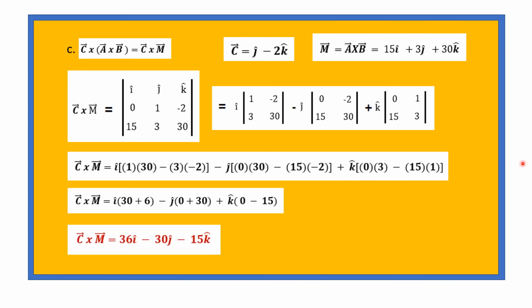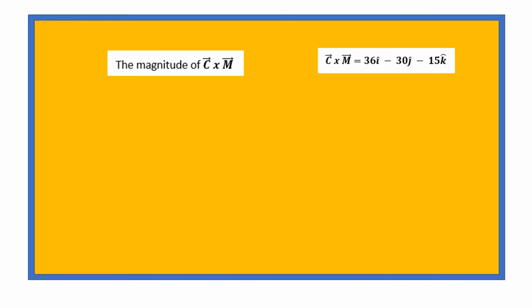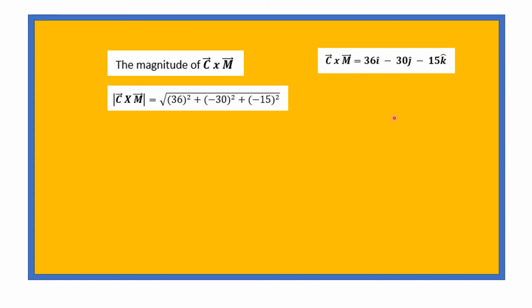So what is the cross product? We have C cross M is 36 I hat minus 30 J hat minus 15 K hat. Now the magnitude of C cross M. Remember this result. We have the square root of 36 squared plus negative 30 squared plus negative 15 squared.